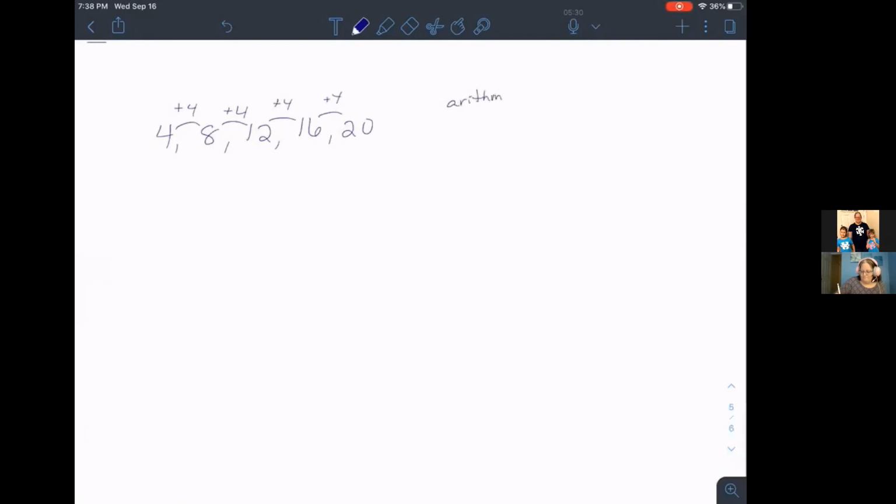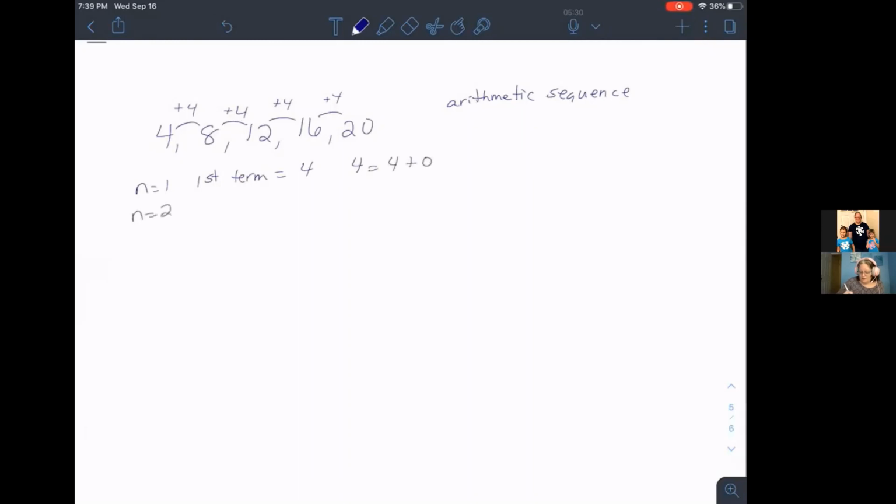So we're doing arithmetic, which means you're adding to get from one term to the other. If we're trying to find the nth term, if n is 1, our first term is going to equal 4, because we're adding 4 plus 0.